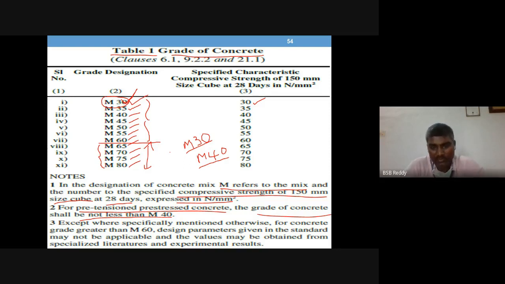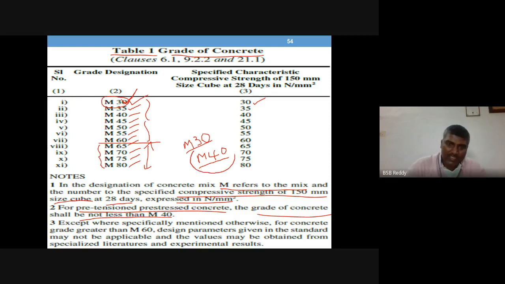That is post-tension. Pre-tensioned means what? First you tension the tendon, then pour the concrete. Once the concrete gets hardened, then you cut the tendon, by proper timing. This is pre-tension pre-stressed concrete.